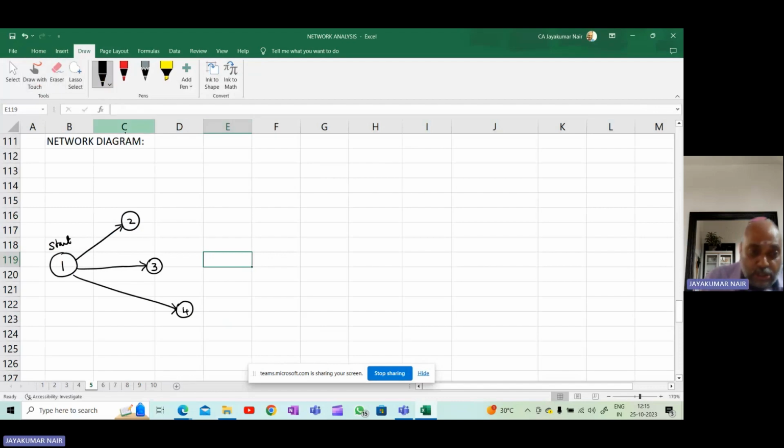Okay, so 1 to 2, 1 to 3, and 1 to 4. Now, what is the next activity? 2 to 5.